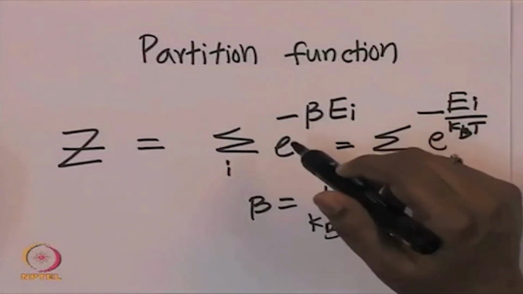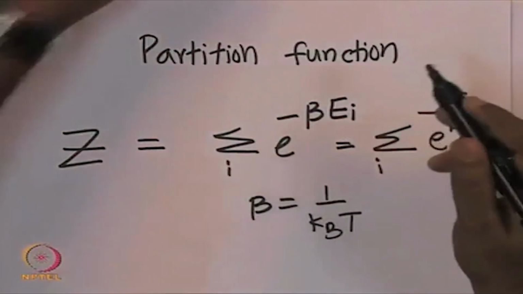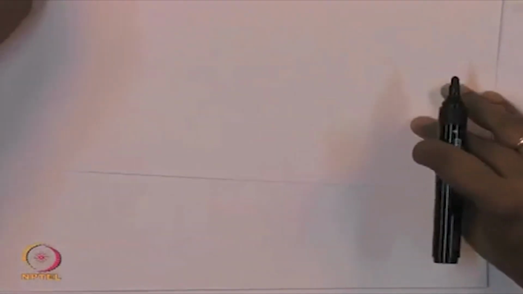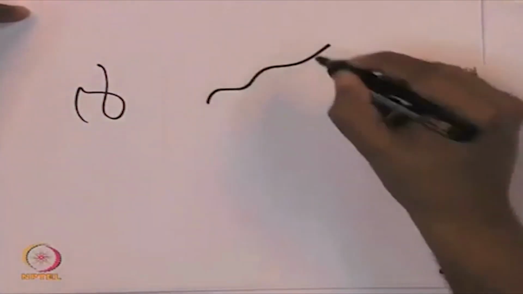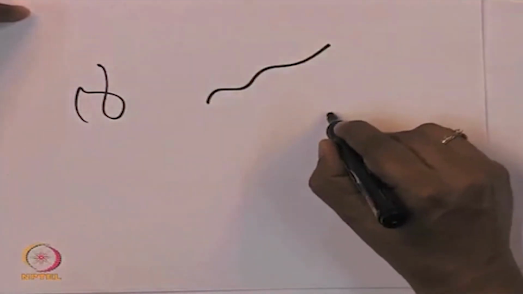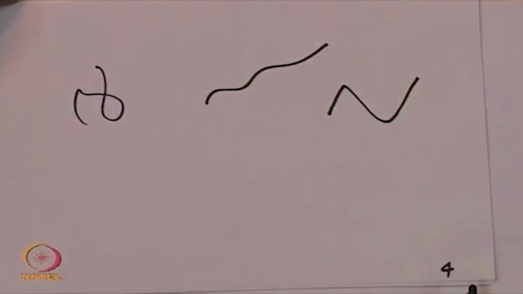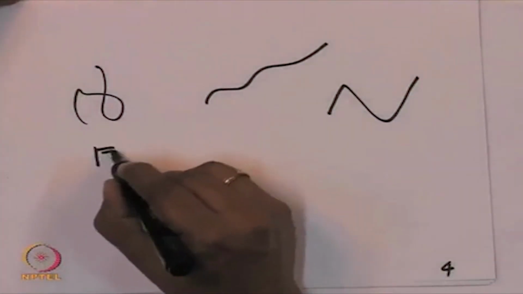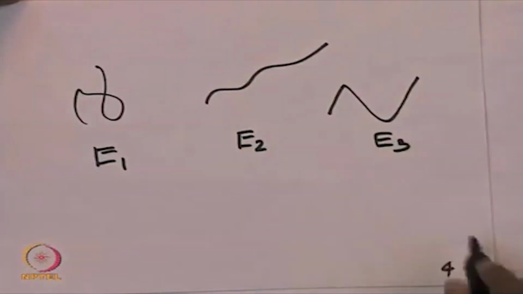If a system has many states, for a moment imagine that you have a protein which has 3 states. This can be one state, this is some other state, and this is a different state. The energy in this state is E1, the energy in this state is E2, and the energy in this state is E3.